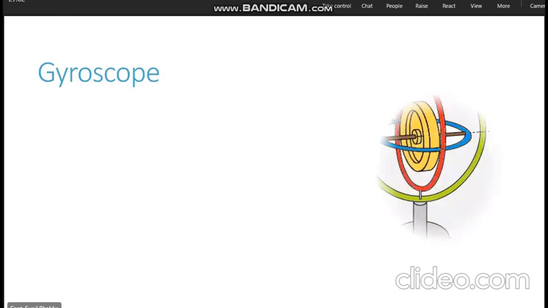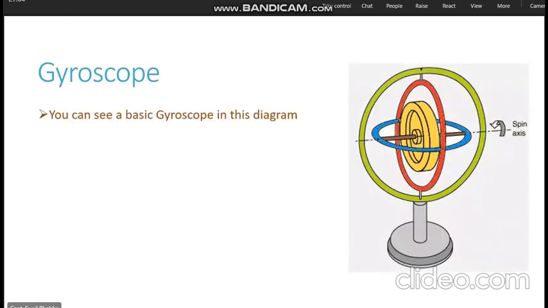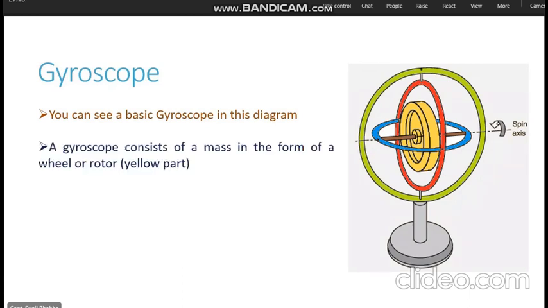Now at the heart of a gyro compass is a free gyroscope. So let us first of all understand what we mean by a free gyroscope. You can see a basic gyroscope in this particular diagram. Now a gyroscope consists of a mass in the form of a wheel or a rotor.